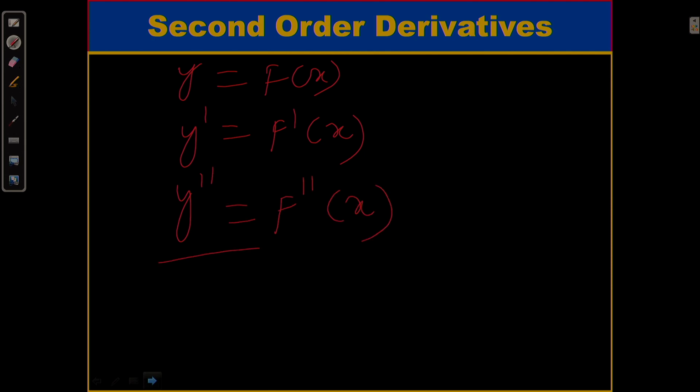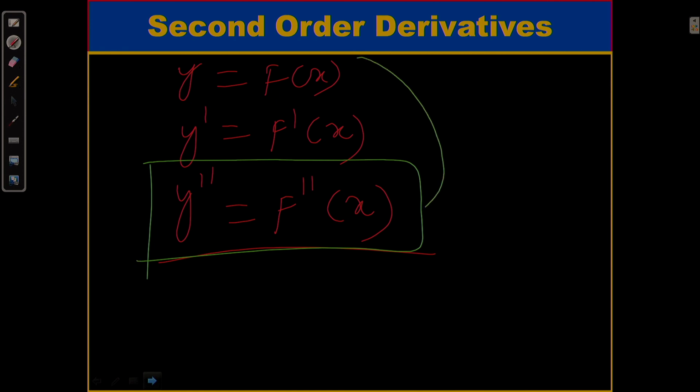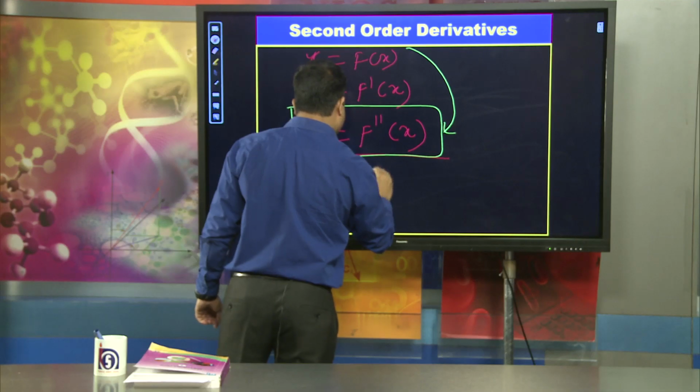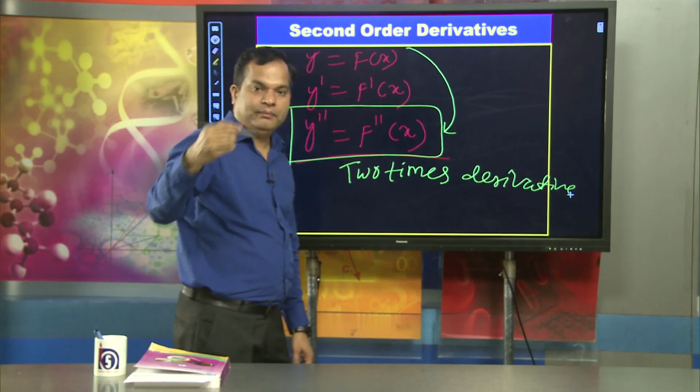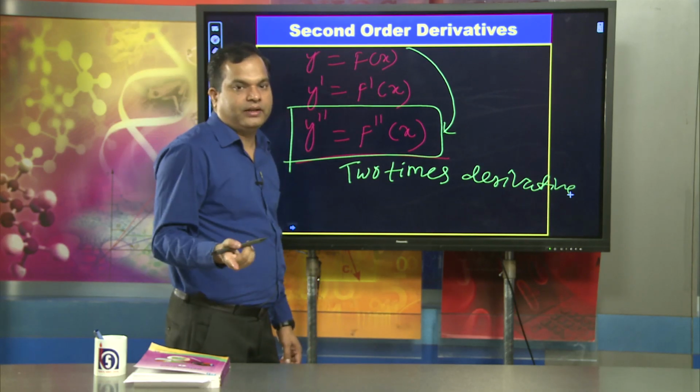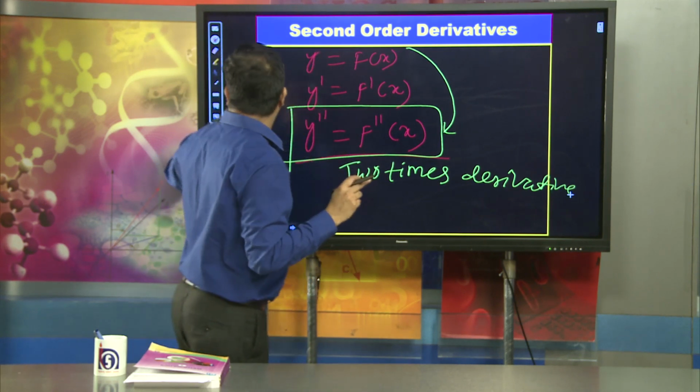This is known as the second order derivative: find the first derivative of the same function, then find it again.